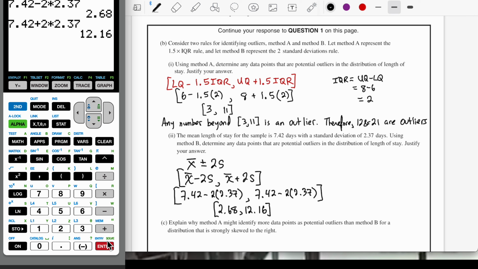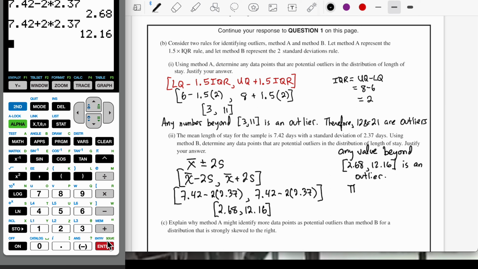So any value beyond 2.68 to 12.16 we would now say is unusual. They're allowing for this to identify outliers. All right, so we could say that is an outlier.